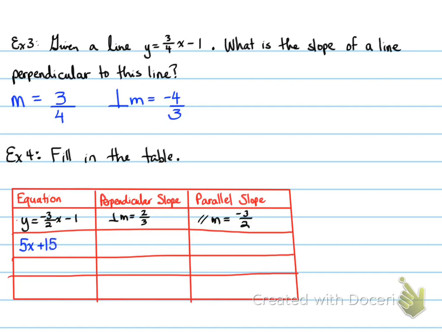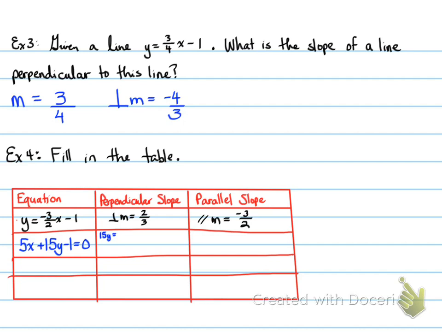5x plus 15y minus 1 equals 0. That's the equation you're given. Find the perpendicular slope to that. Well, folks, what we need to do is isolate for y first. We leave 15y where it is, and we have to find out what 15y equals.